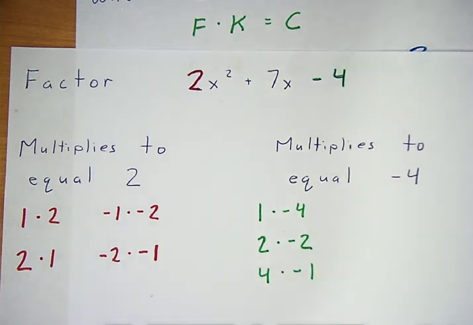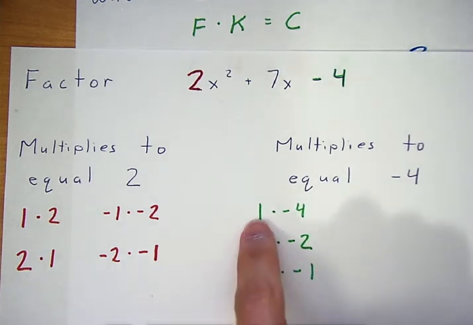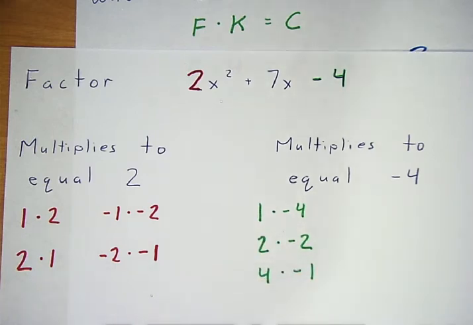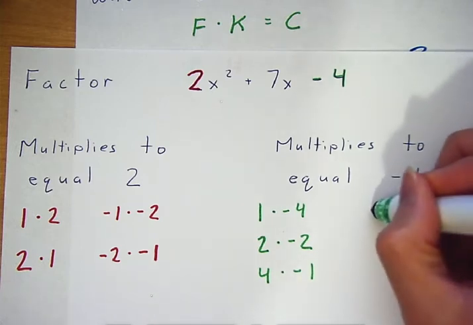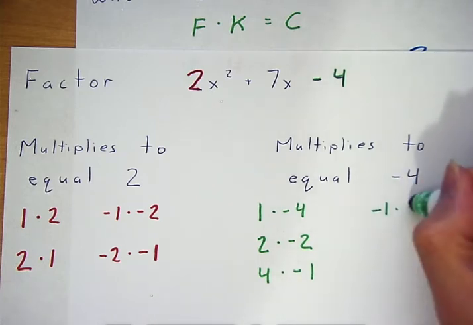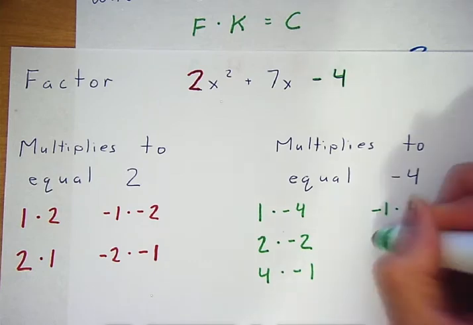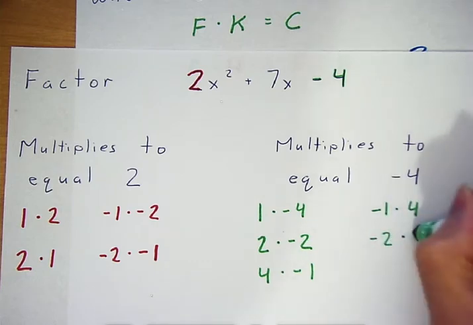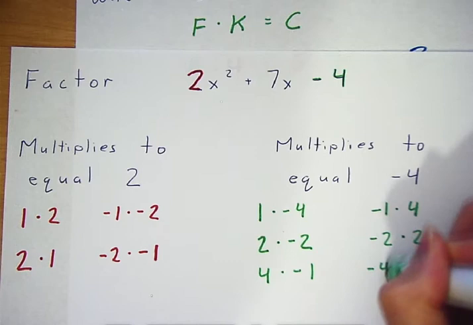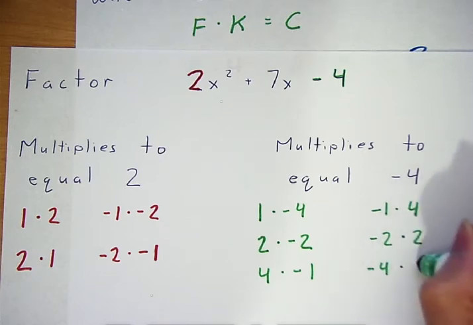Those are all the possible combinations where that first number is a positive number. And now let's just put the negatives on the other side. So I know that -1 times +4 gets me -4. -2 times 2, and -4 times 1.